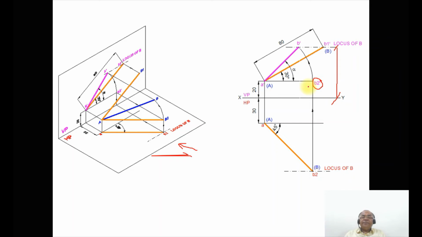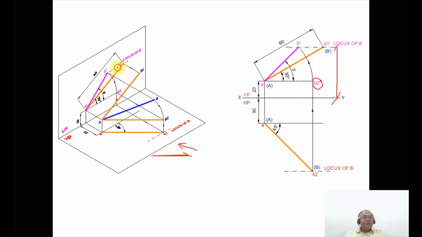In order to do that, with A dash as center, taking the radius of A dash B2 dash, you rotate such that it touches the locus of B in the front view, and you mark this point as B dash. When you are doing it in space, you take the true length in the top view, which is capital AB2, and rotate it in space such that B2 comes and touches the locus of B in the front view.